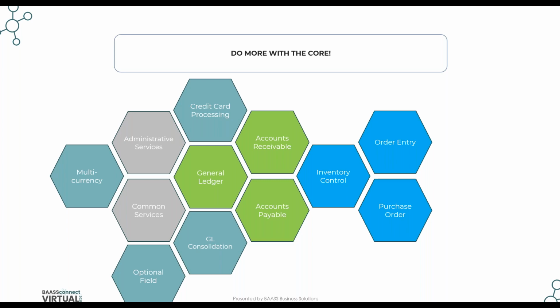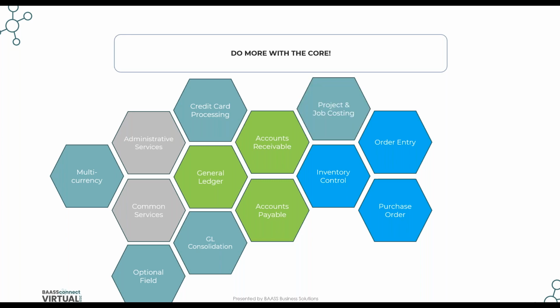Sage 300 provides a GL consolidation module which allows you to create an additional database to process the transactions in summary or detail format, having the ability to translate different functional currencies, process eliminating entries, and handle different fiscal year ends. Now, consolidated financial statements are no longer a chore at the end of the month. You now have time to analyze the data instead of scrambling to complete the manual process month after month.